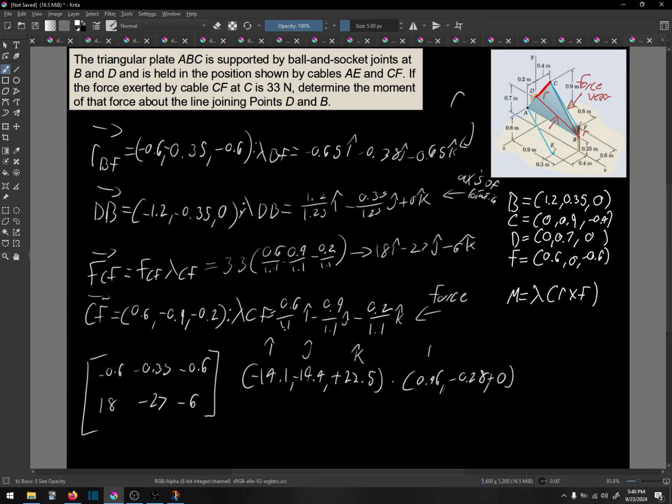So now when you dot product these, we get negative 13.536 plus 4.032, which equals negative 9.504. And that is the answer.